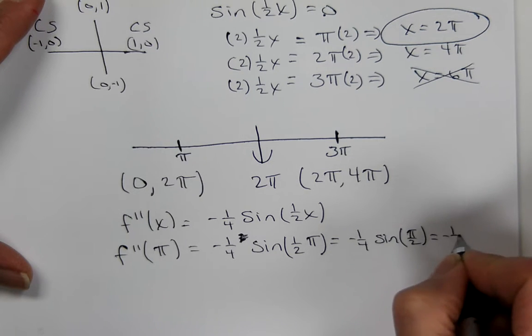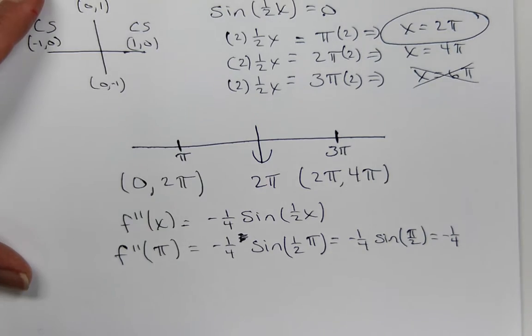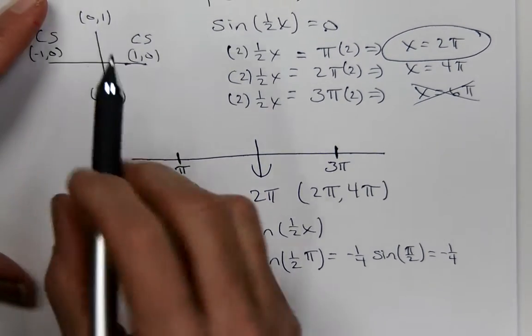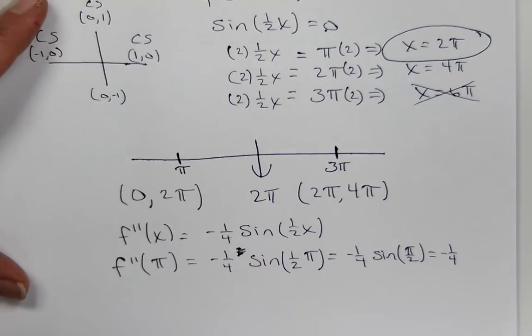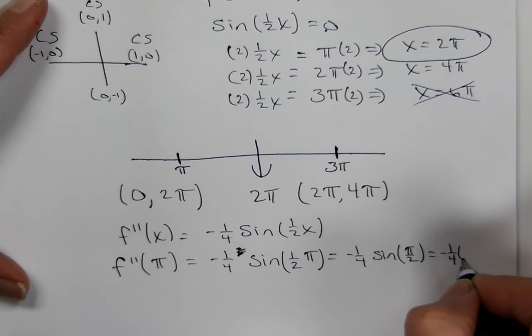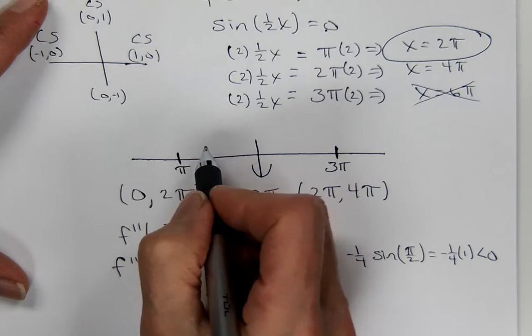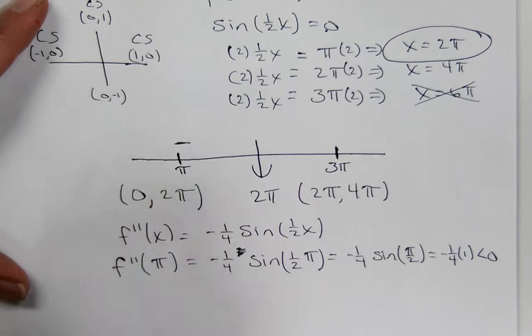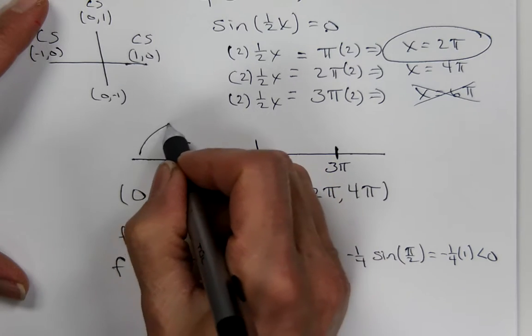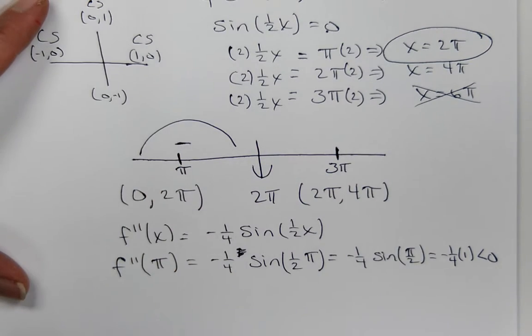And the sine of pi over 2 is the y coordinate, which is 1. So this is negative. That means for this interval on the left where the test point came from, the second derivative yields negative values, and that means the function opens downward, it's concave down.